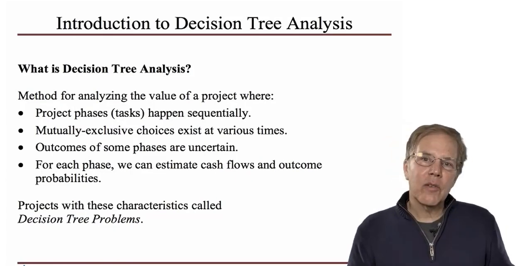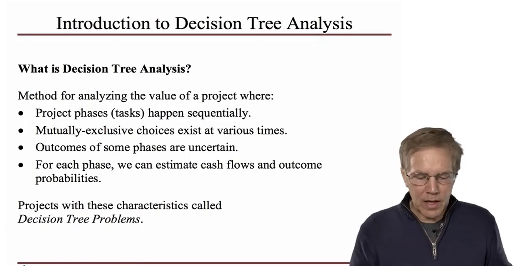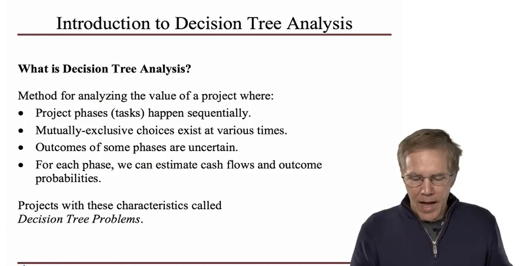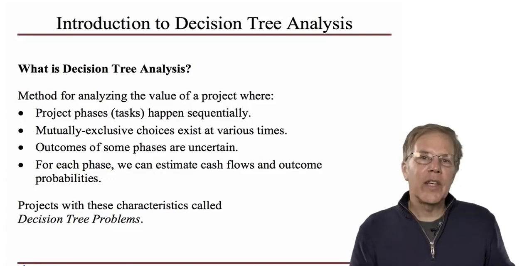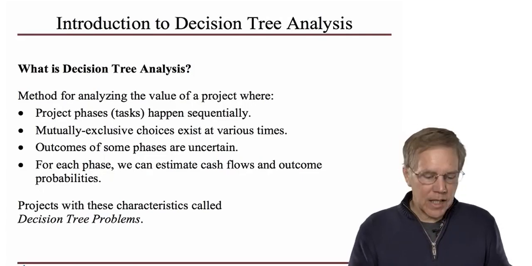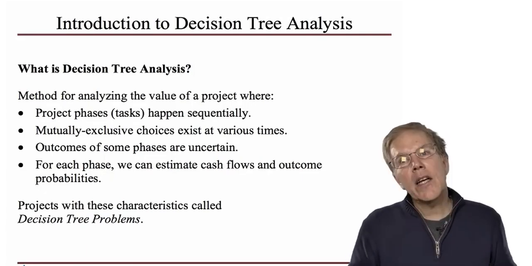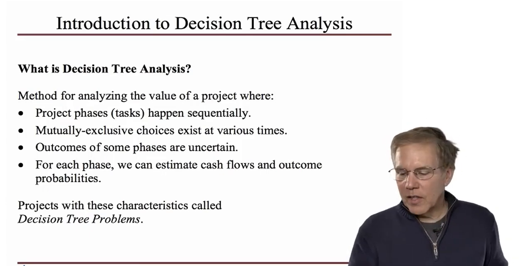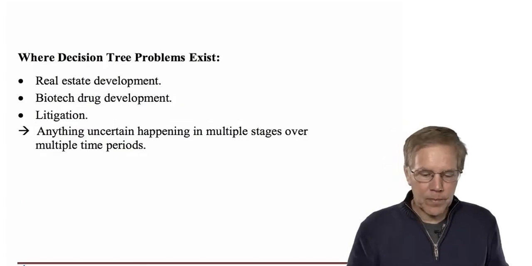Also characteristic of decision trees is that the outcomes of some future phases are uncertain. And then finally, for each phase, we feel that we can estimate the cash flows that we'll get under any outcome and the probability of that outcome. So any kind of financial problem we can organize like this is called a decision tree problem.